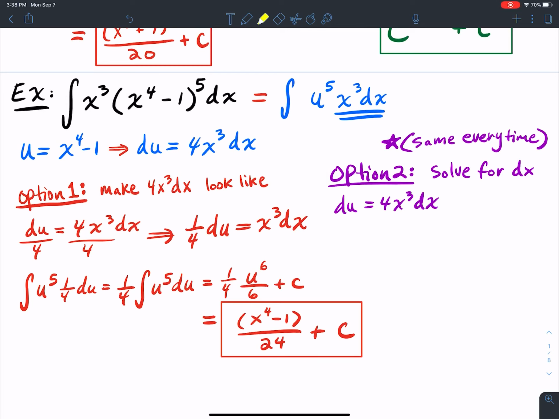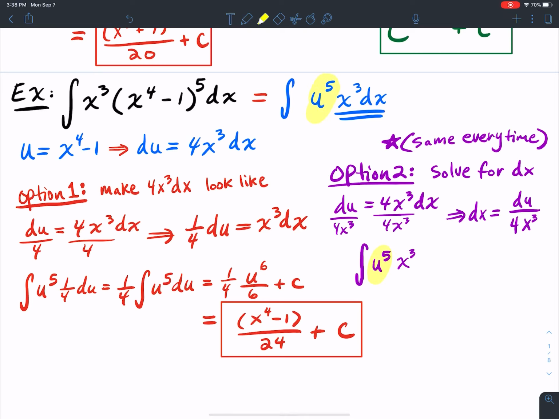So we took the derivative, we got the differential here. To solve for dx, what I would do is I would get dx by itself by dividing both sides by 4x cubed. And so once I divide both sides by 4x cubed, my dx is equal to du divided by 4x cubed. So everywhere I see a dx, I'm going to replace it with du divided by 4x cubed.